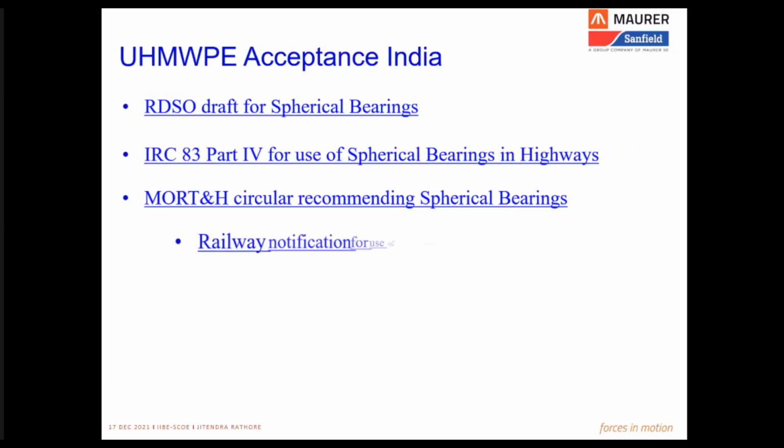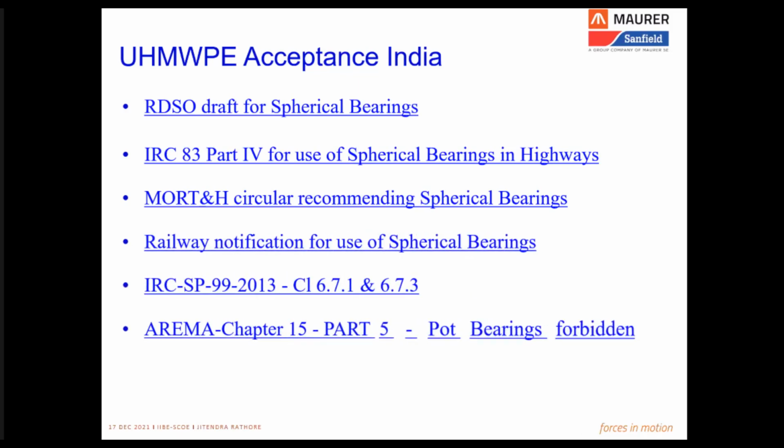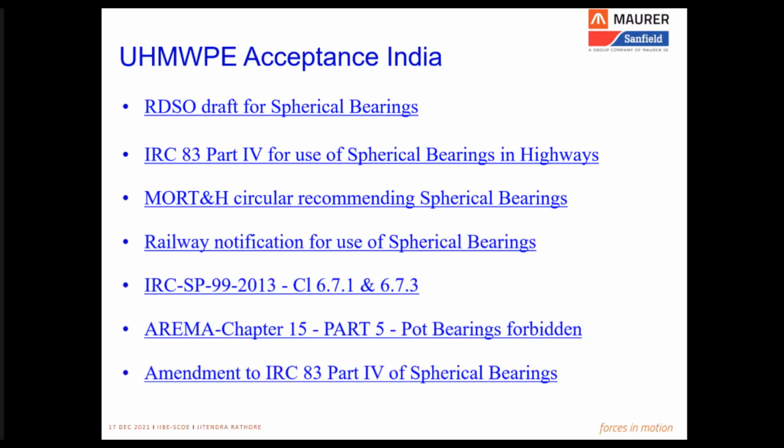About the acceptance of this material, it has been widely used worldwide. It was developed mainly in Europe by a German company, so the European specifications are already accepting it, and it is also being accepted by other countries as well.